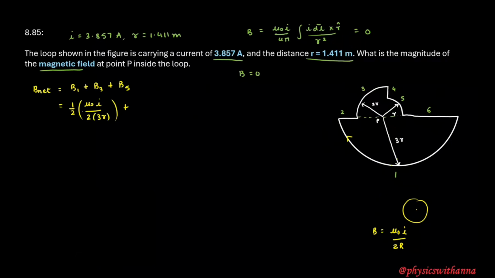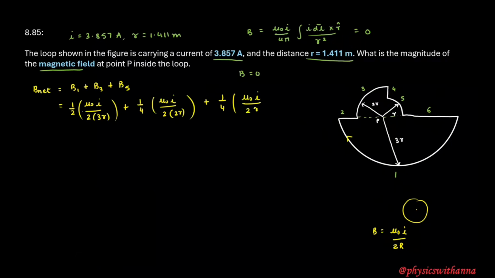segment 3 is a quarter of a circle. So when I apply this rule for segment 3, I have to take quarter of this value. So we write this as 1 over 4 mu naught I over 2 times. Radius of segment 3 is 2 times r, plus segment 5 again is a quarter of a circle. So we take 1 over 4 mu naught I over 2 times.